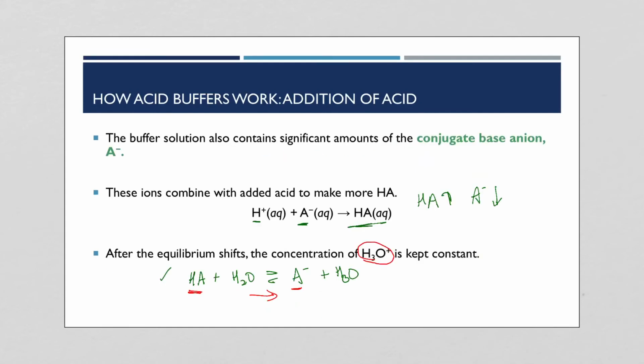Again, same idea. If we add the acid, we have significant amounts of the conjugate base, the A minus. So when acid is added, it's going to react with that A minus to produce the HA, so the HA is going to go up.